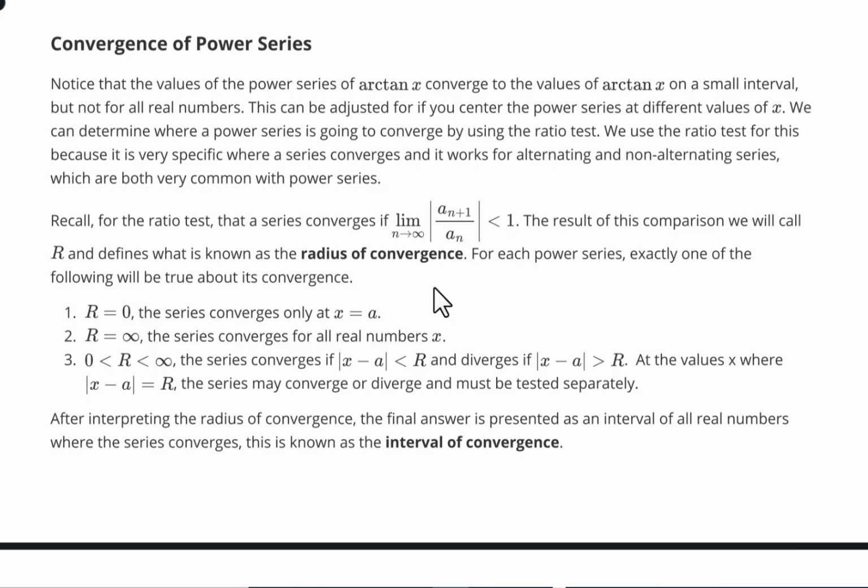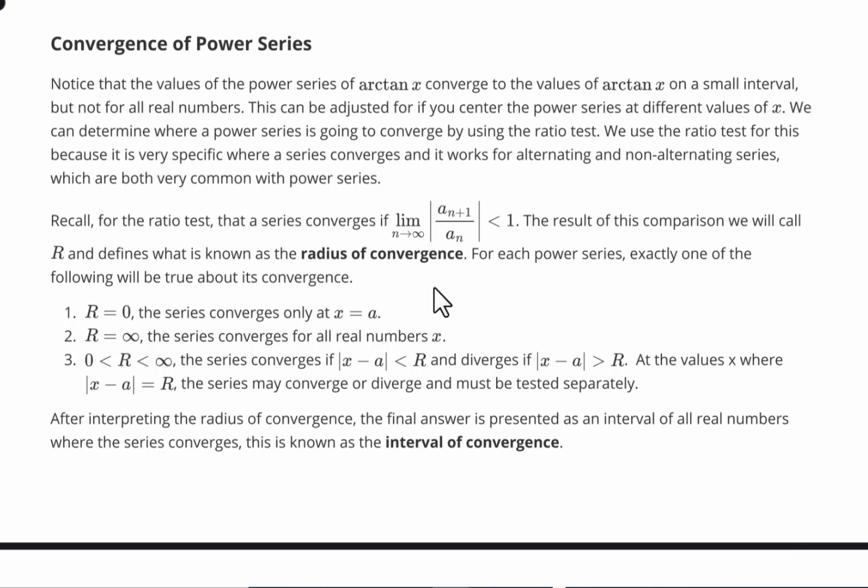And here, the most useful test is actually the ratio test. The ratio test is a very clean result. You just have to compute an infinite limit, and it works for both alternating and non-alternating series, which is great because in terms of power series, we actually have a lot of alternating series. So the ratio test is great here.